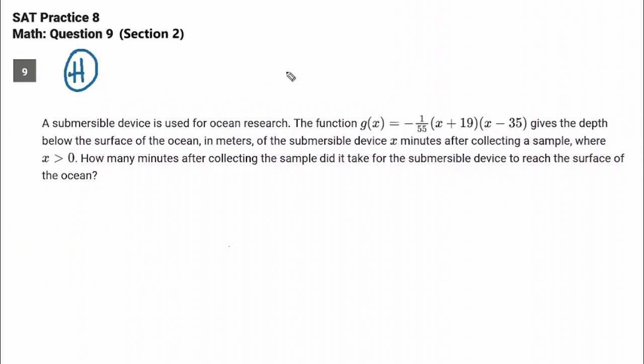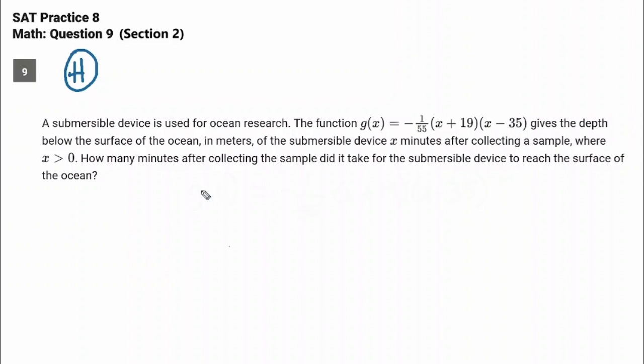The function g of x equals negative 1 over 55 times x plus 19 times x minus 35 gives the depth below the surface of the ocean in meters of the submersible device x minutes after collecting a sample. X is bigger than 0. How many minutes after collecting the sample did it take for the submersible device to reach the surface of the ocean? So I'm going to rewrite this function.